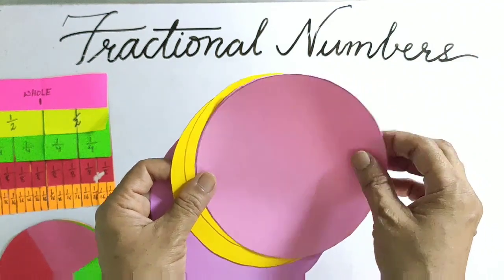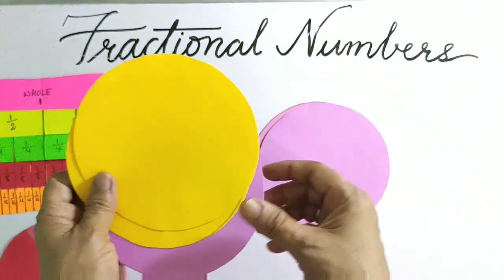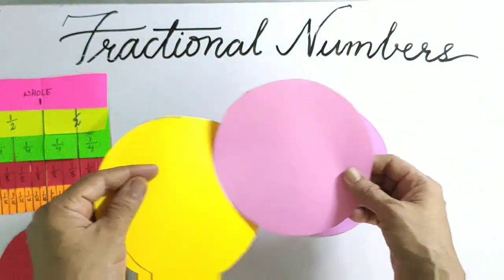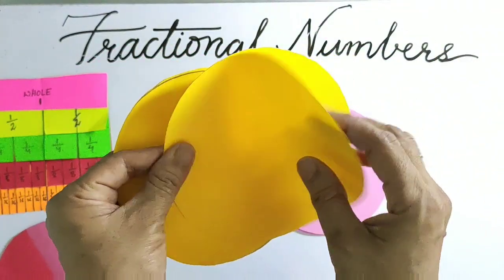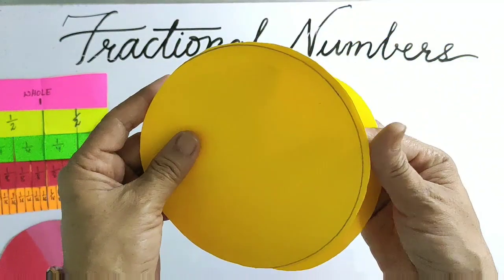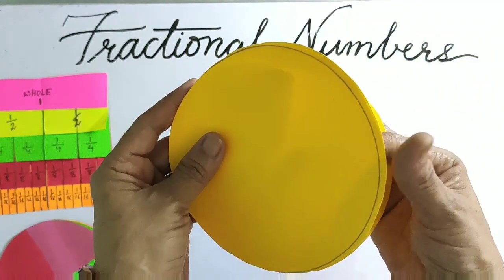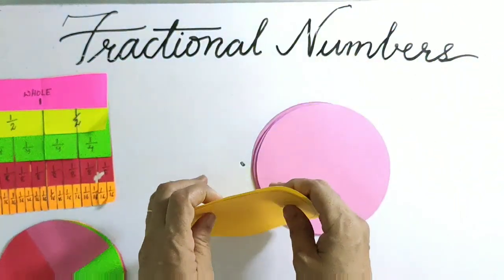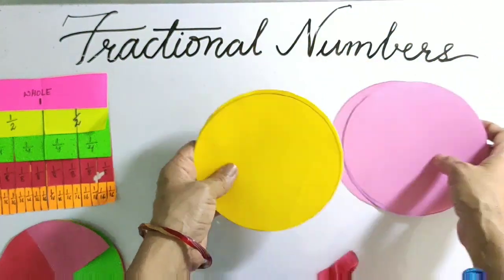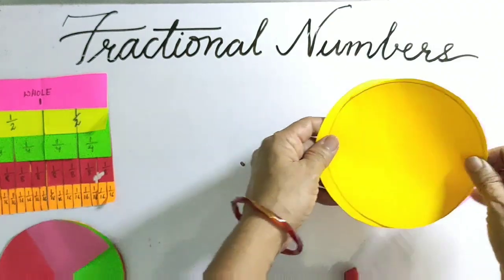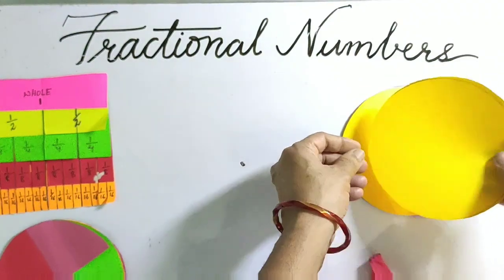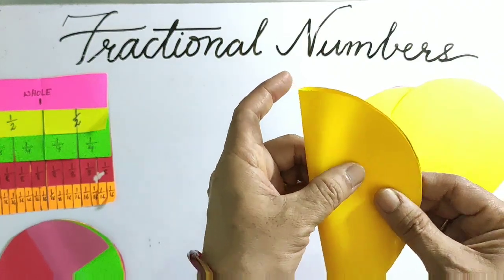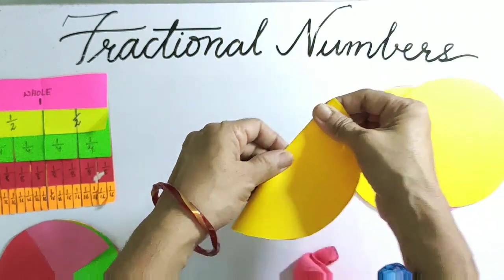Now see, I am having 4 pink circles and 4 yellow circles. Now see what you have to do.